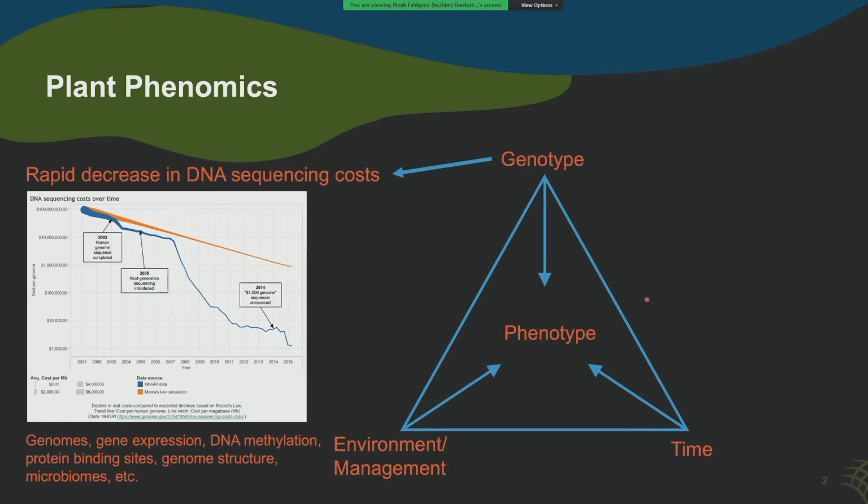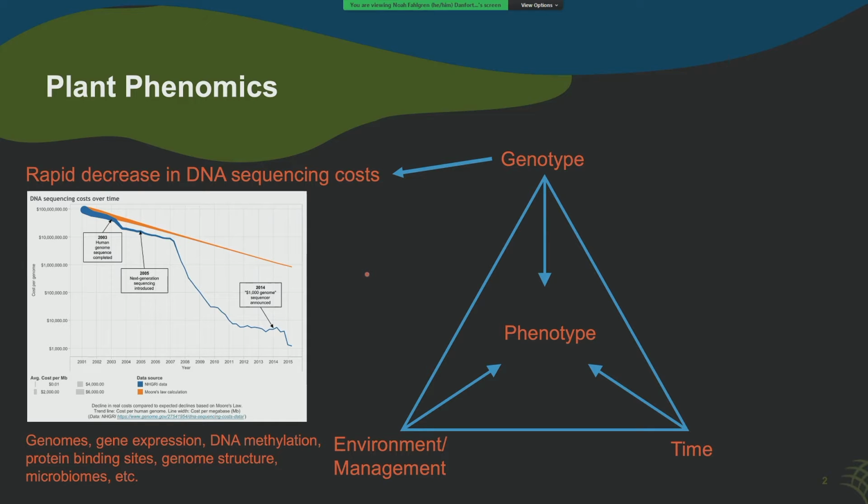So our ability to explore genotype space has accelerated over the last 20 years due to the rapid decrease in the cost of DNA sequencing. Just briefly, if you look at the orange line, this is the cost predicted to sequence a genome over time following Moore's law, versus the blue line, which is what we've actually been able to achieve due to rapid development of these technologies.